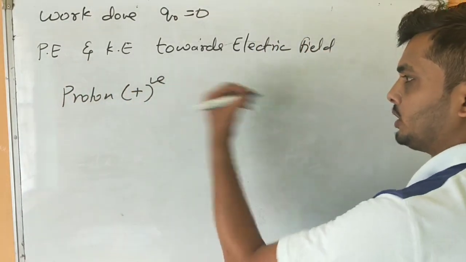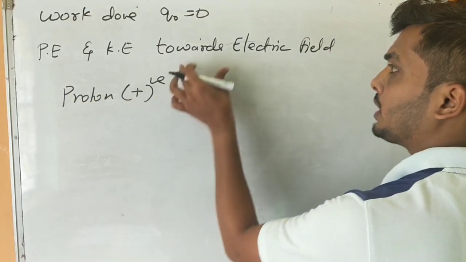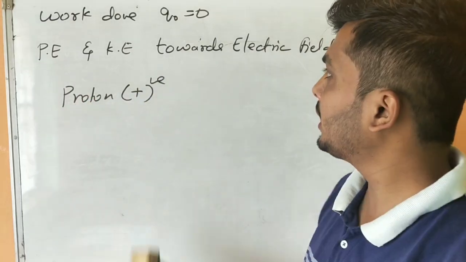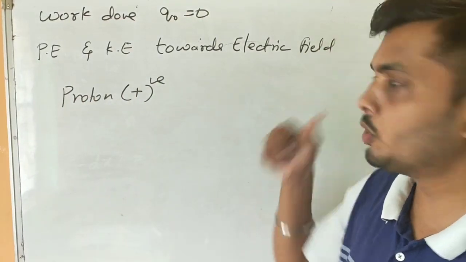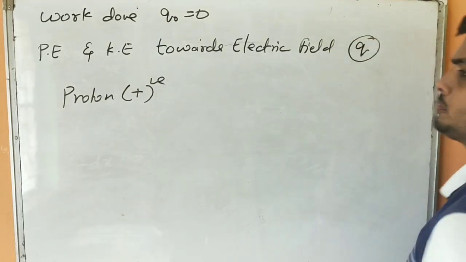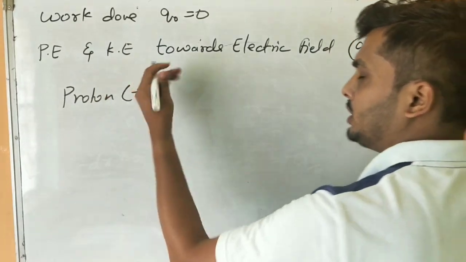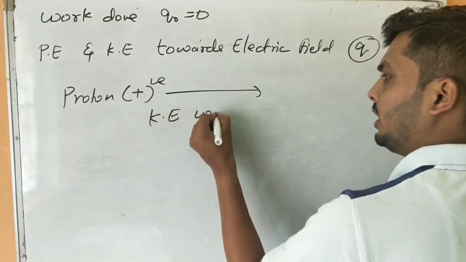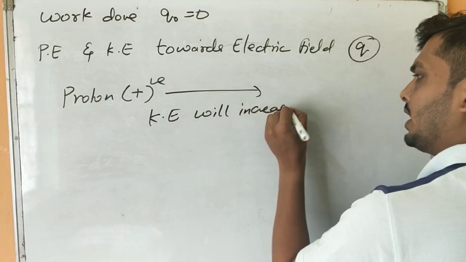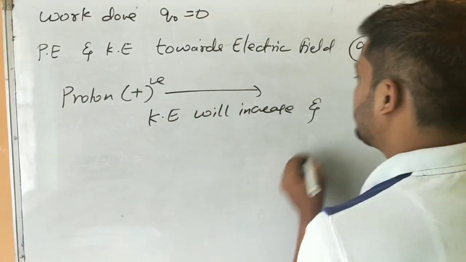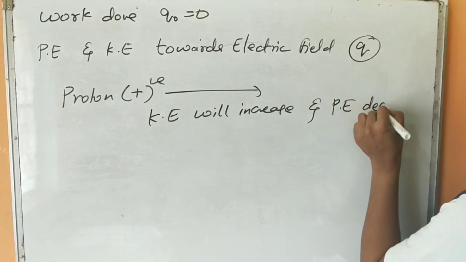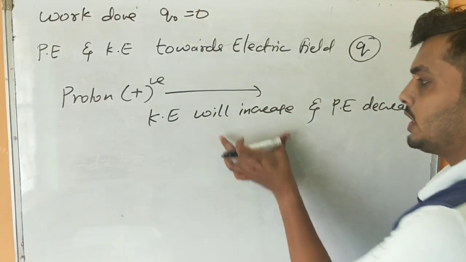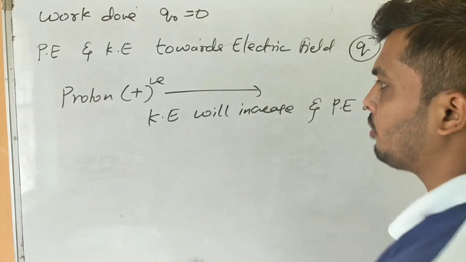Now this proton is doing a certain amount of work along the direction of the electric field. The electric field will be radially outwards for the source charge Q, and the proton moves towards the direction of the electric field. As a result, its kinetic energy will increase, and if kinetic energy increases, its potential energy decreases, because as per the law of conservation of energy, if kinetic energy increases then potential energy will decrease, so that the net energy of the system remains constant.